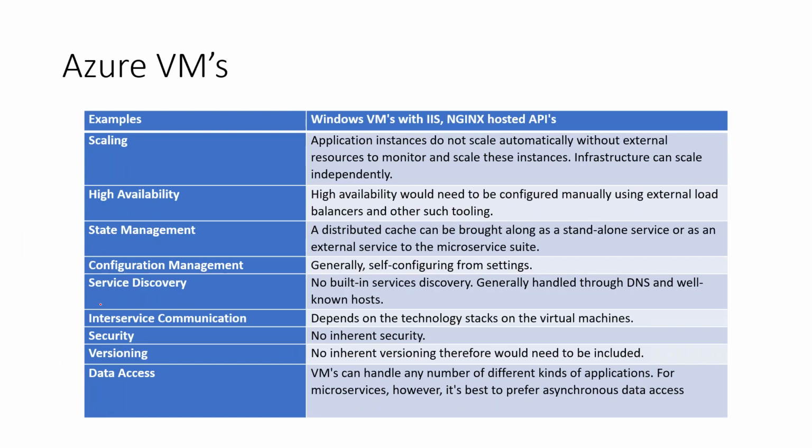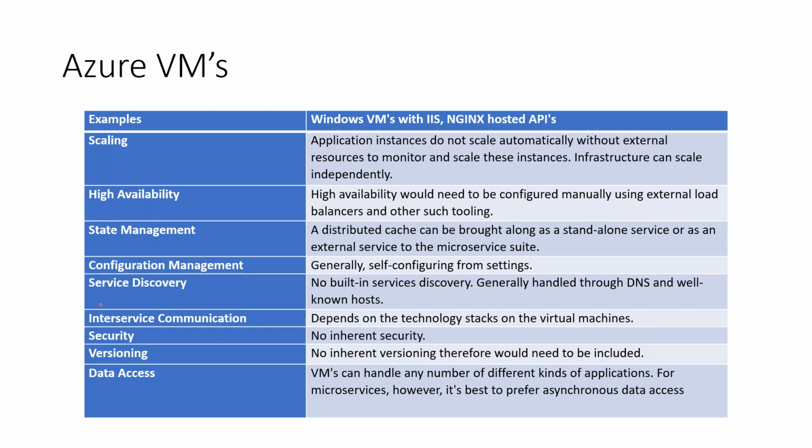And then lastly, Azure VMs. Now, people might think, why in the world would I mention Azure VMs as a way to run microservices? That's because Azure under the hood with infrastructure as a service gives you a lot of tooling for doing a lot of the kinds of things that you would get out of a platform like Kubernetes or Service Fabric, but it requires a lot more thought and a lot more configuration put into the virtual machines than you would if you were doing something like Kubernetes, where it just does it for you, or Service Fabric, where it just does it for you.